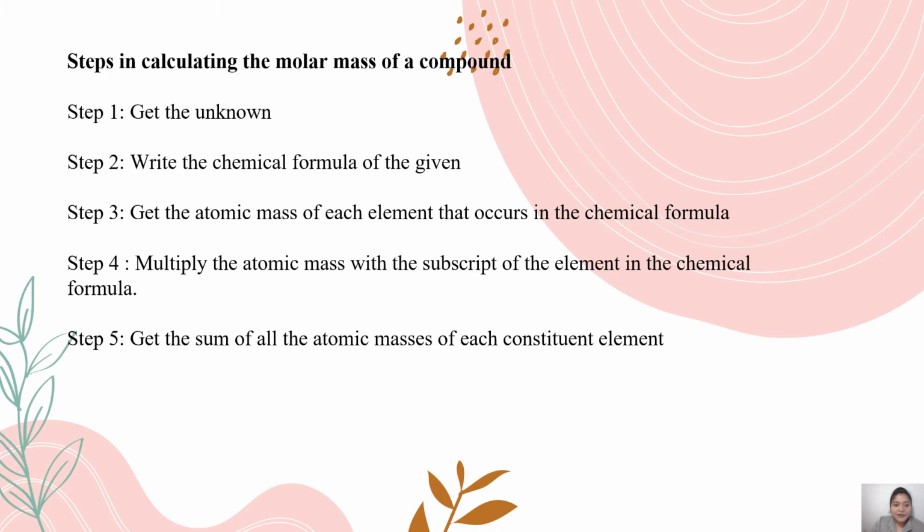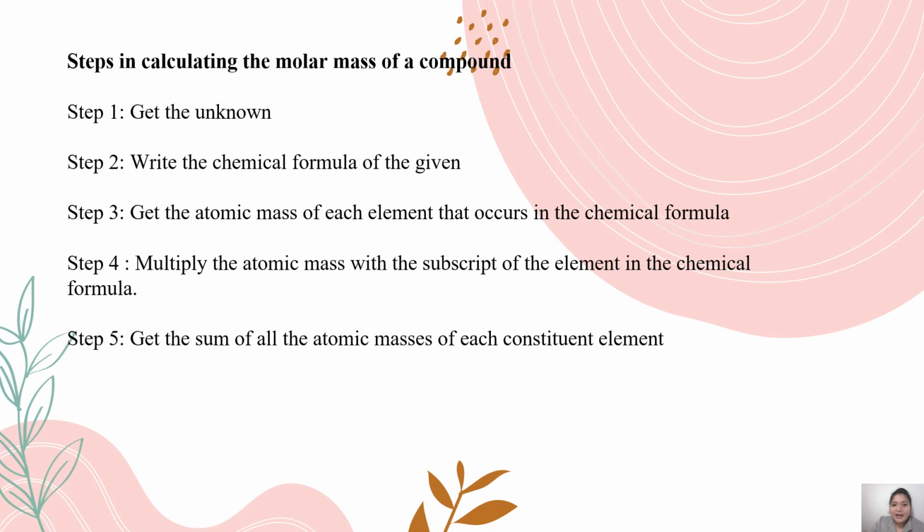Now, these are the following steps in calculating the molar mass of a compound. You have to remember, since this is a procedure, it is very important that we are guided by a series of steps. So the first one is to get the unknown, followed by getting the chemical formula of the given.